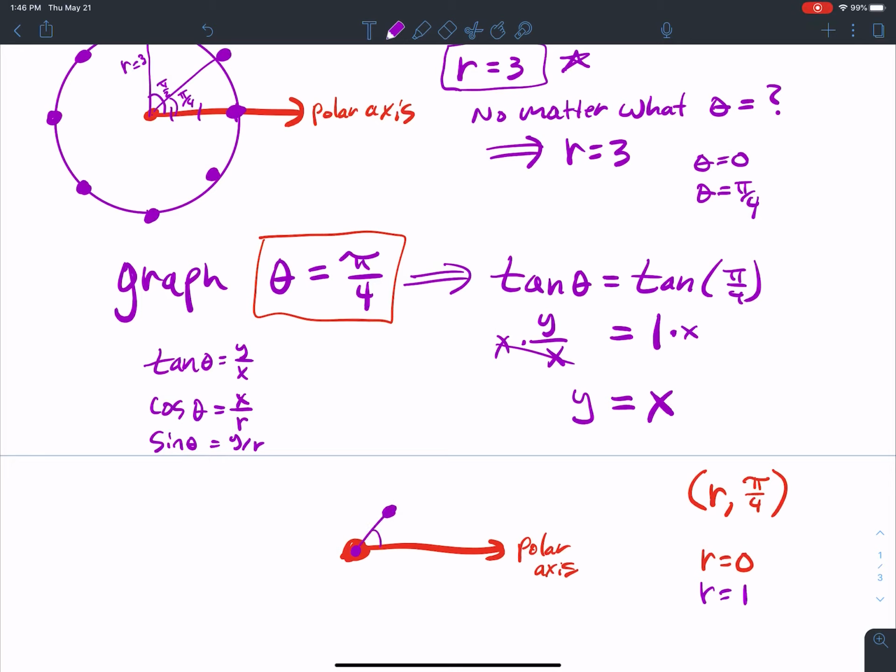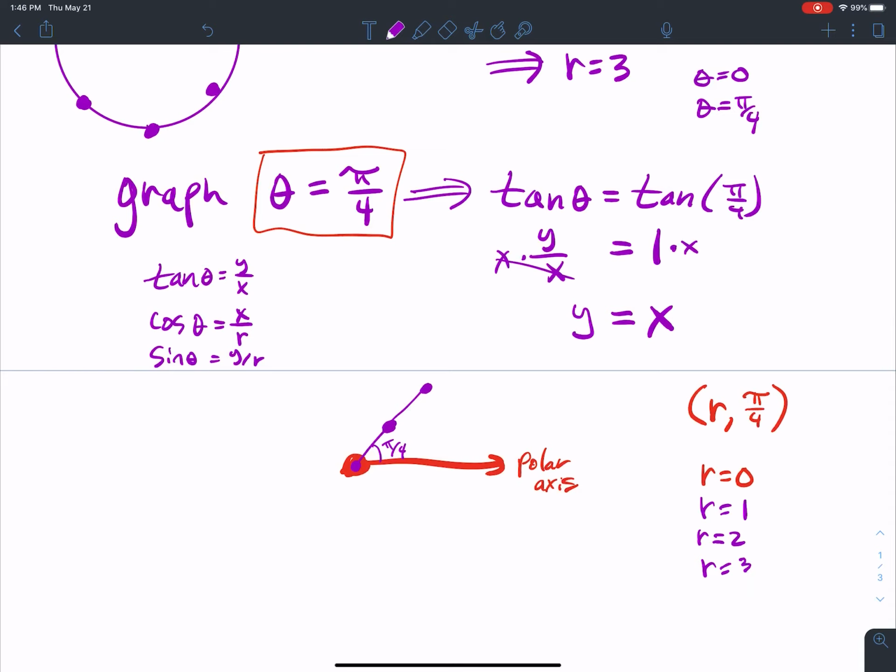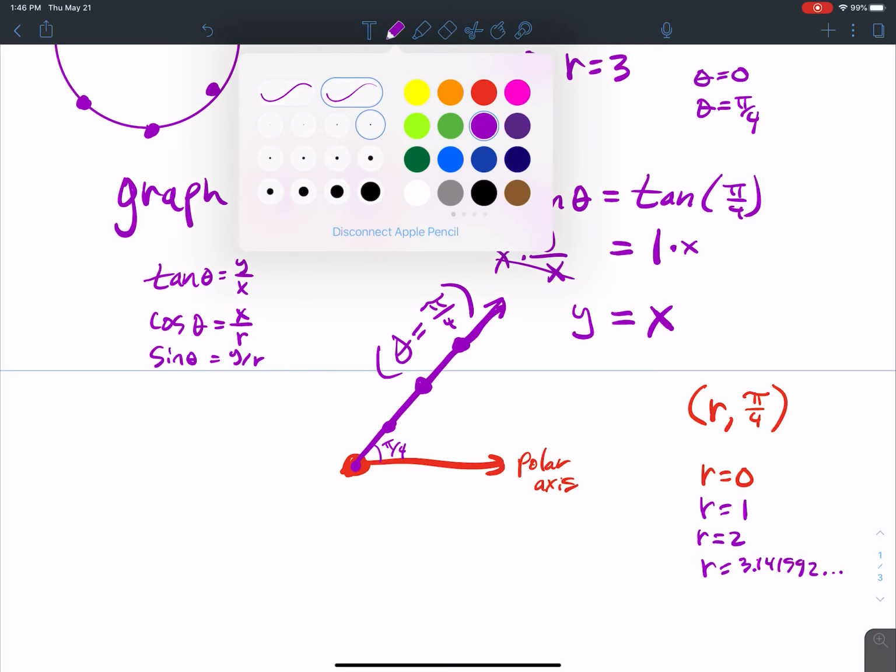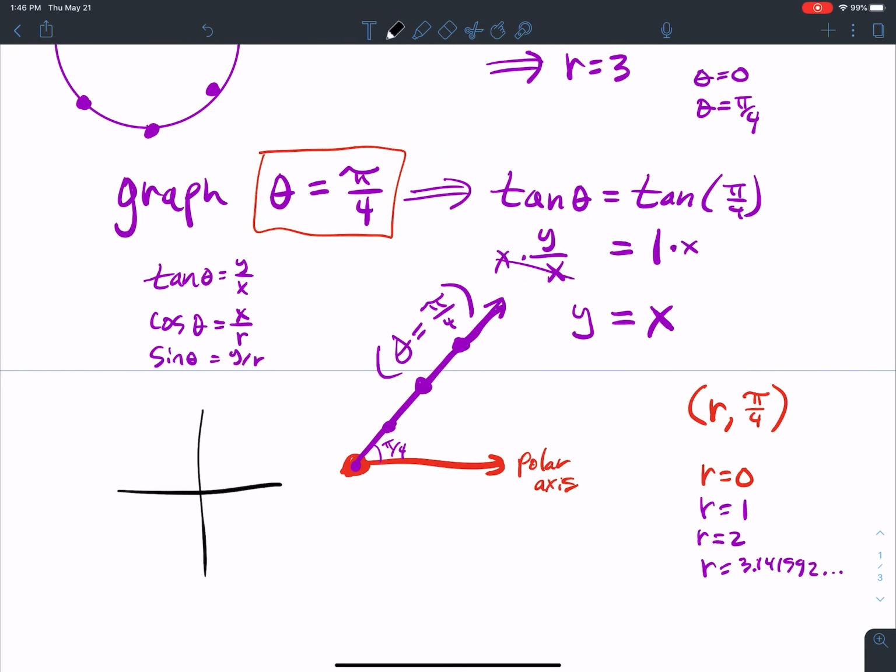Remember, it's pi over 4. If r equals 2, I go out 2. If r equals 3.14159, I'm going out right there. And so I just continue going forever for all r. So this represents theta equal to pi over 4. If you think about it in the xy plane, if you graph y equal x, it looks just like this. So that's y equal x.